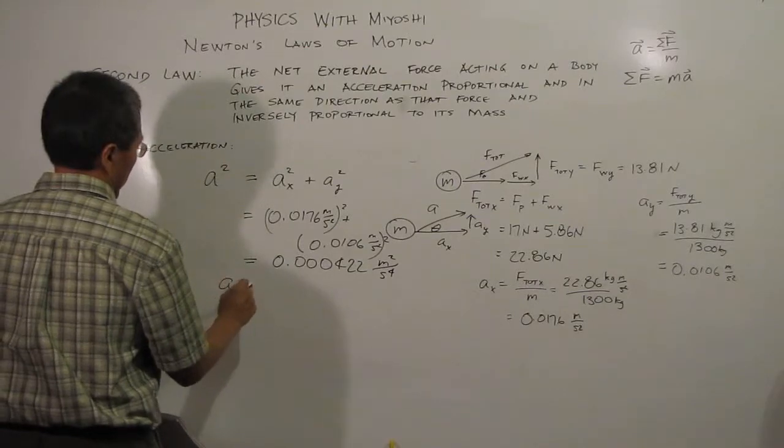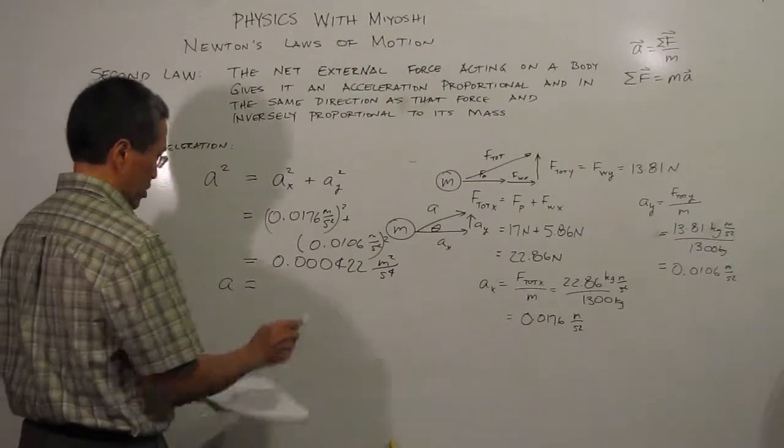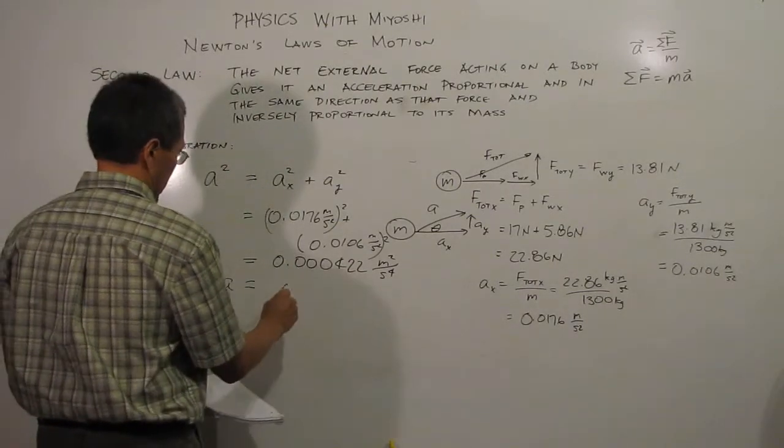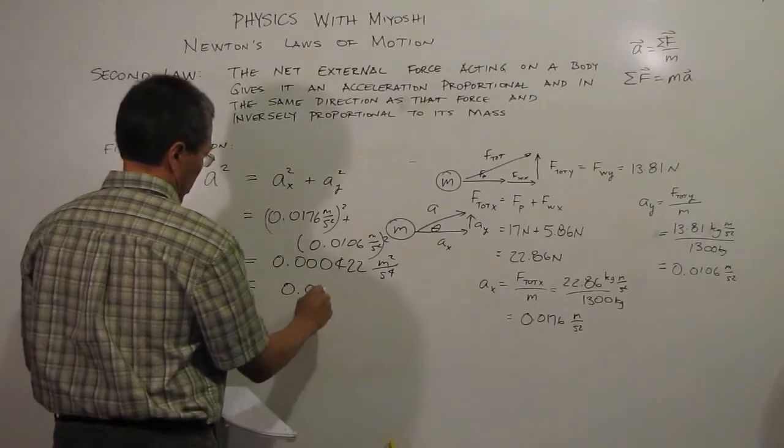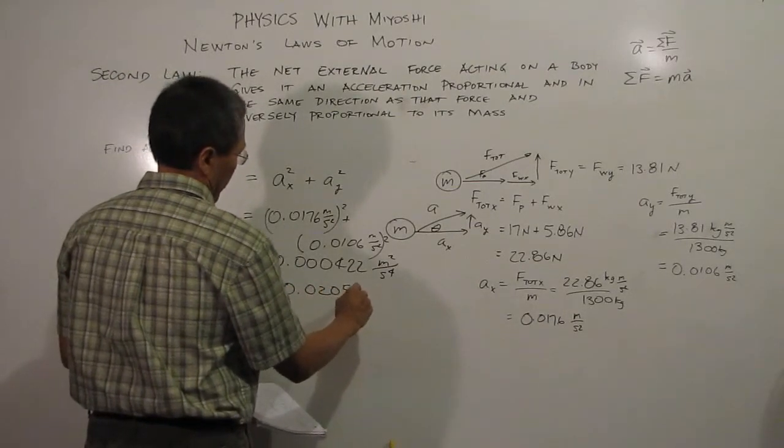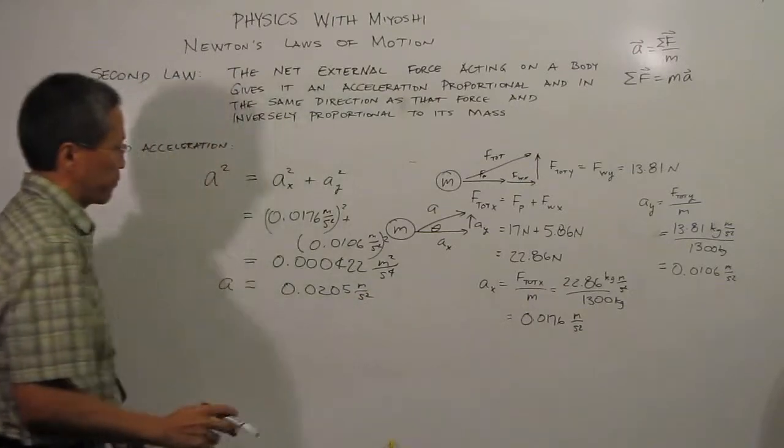And so a, the magnitude, is the square root of that, which happens to be 0.0205 meter per second squared.